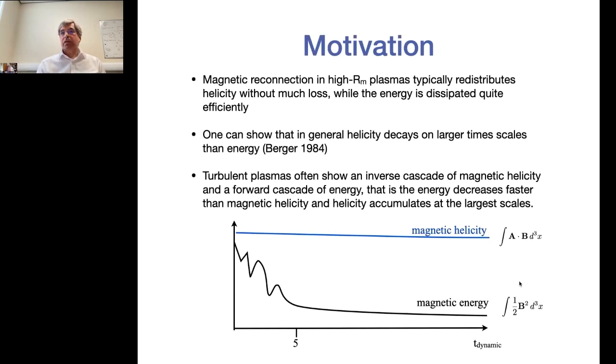So these kinds of processes, reconnection and ideal exchange of energy between magnetic and velocity field, take place in plasma relaxation.